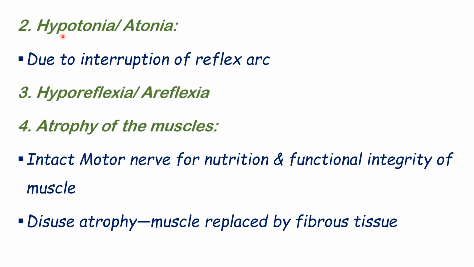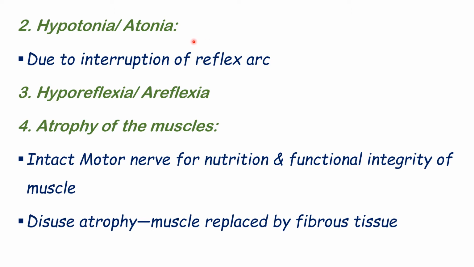The second feature we see is hypotonia, that is decrease in the tone, or atonia. Again it depends upon the number of roots cut. With fewer roots cut, maybe you get hypotonia, and with more roots cut, complete loss of tone. This is due to interruption of the reflex arc, and when the reflex arc is interrupted, obviously there will be no tone in the muscles.